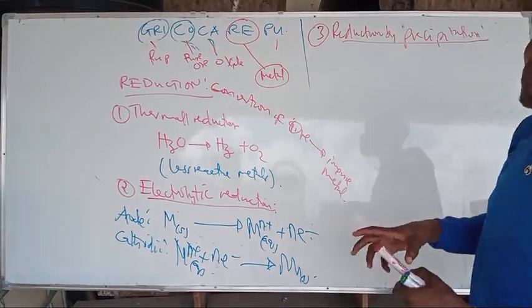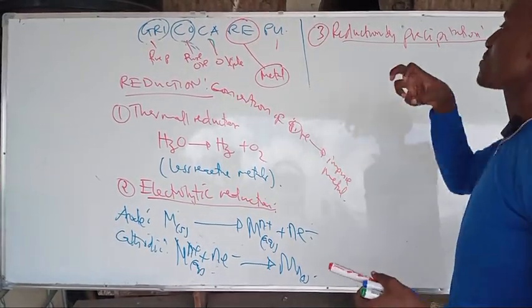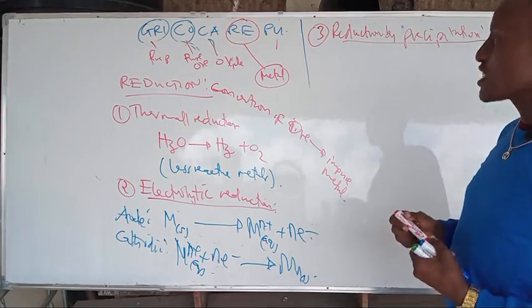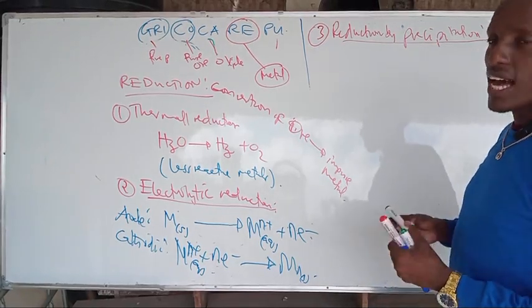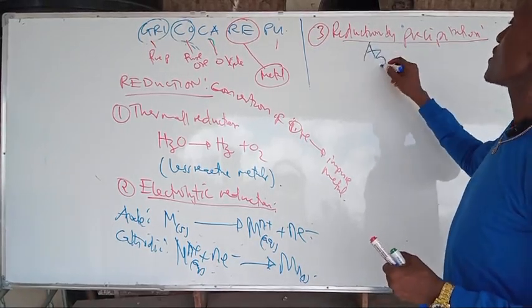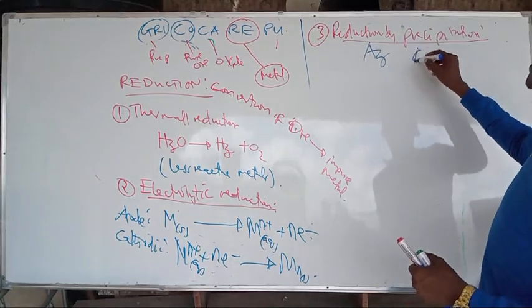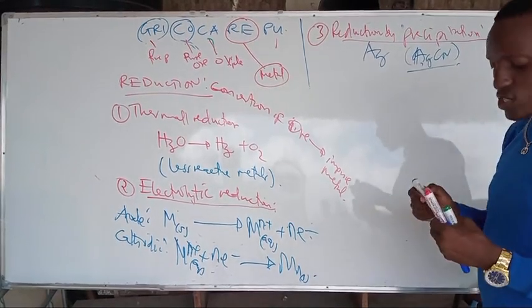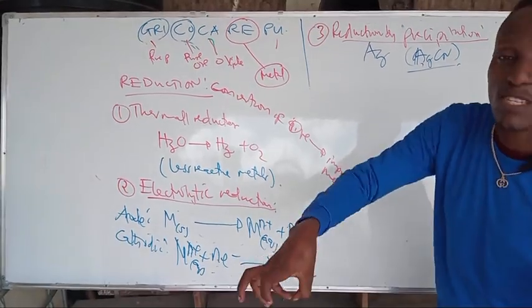The formation of precipitates is what we call reduction by precipitation. This is specifically done in silver, using silver cyanide. So you can obtain the silver by the precipitation method.